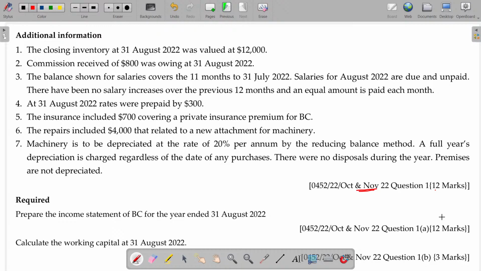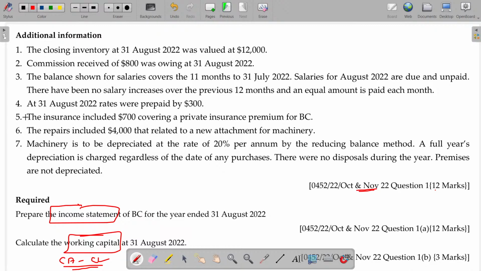Now, you have to prepare the income statement as well as calculate the working capital. Working capital is nothing but the difference between current assets and current liabilities. Anyhow, I will solve this illustration along with the financial position also. Once the financial position is solved, you can directly get the working capital without any trouble. Though the financial position statement is not asked, for understanding purposes, I will solve this one also.